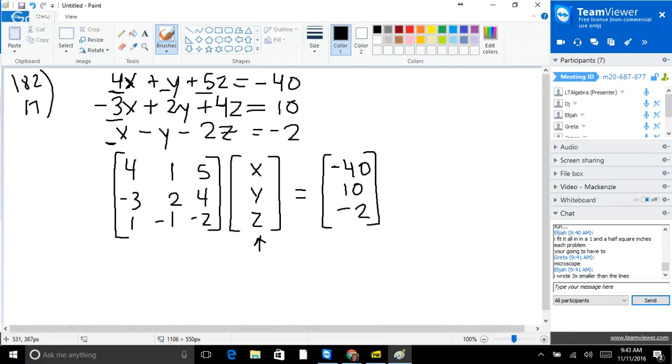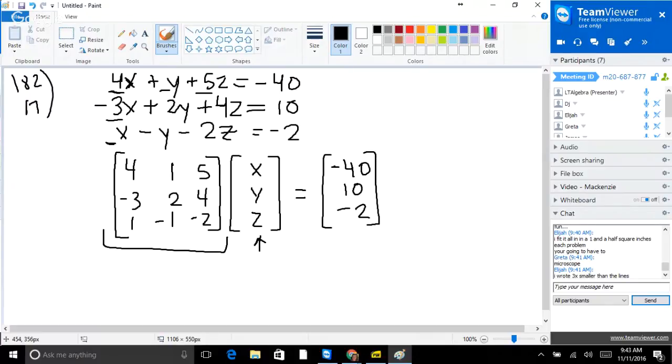In order to do that, I need to move this matrix to the other side of the equation. The way we can do that in algebra using matrices is to multiply by the inverse.